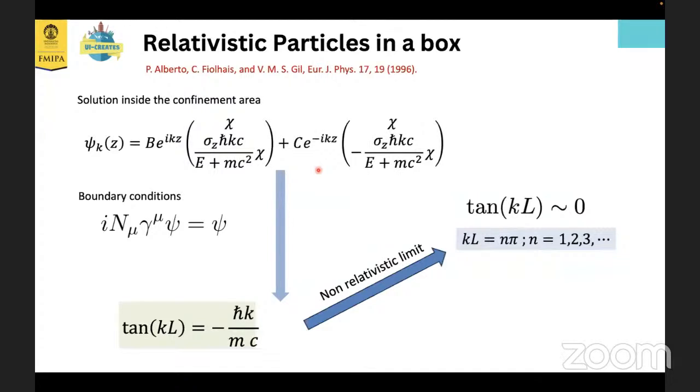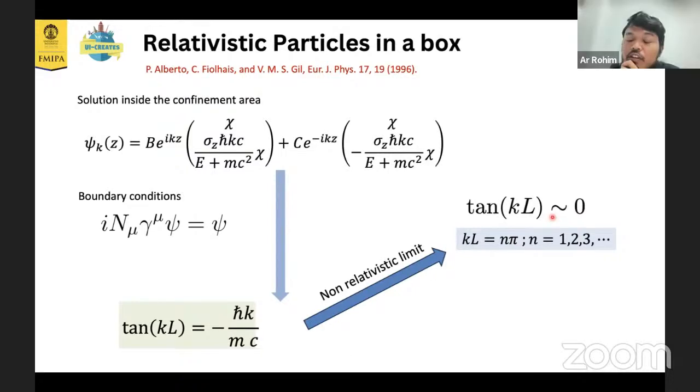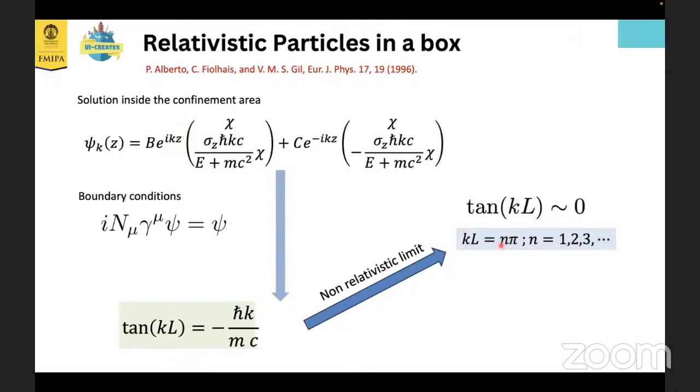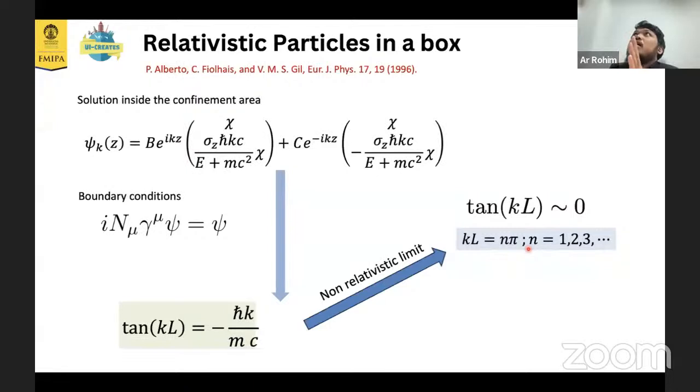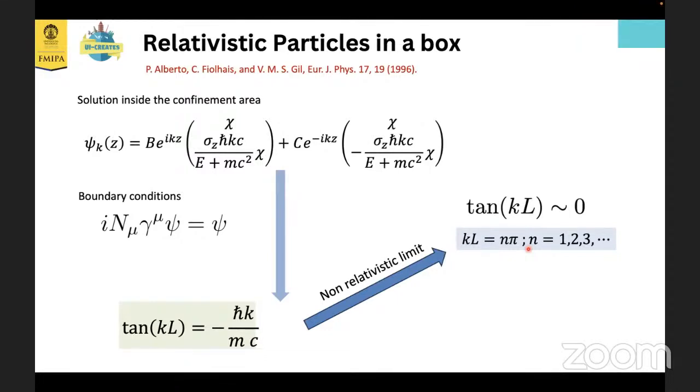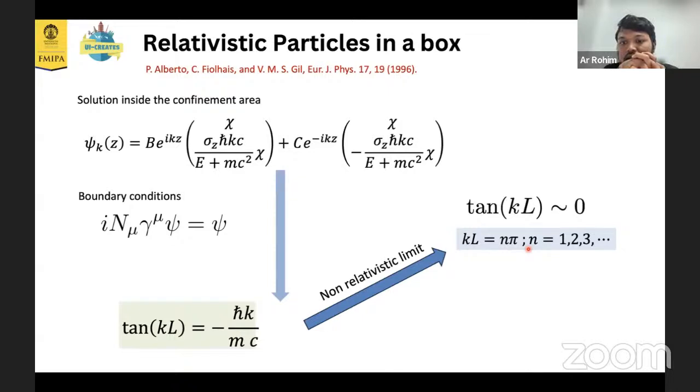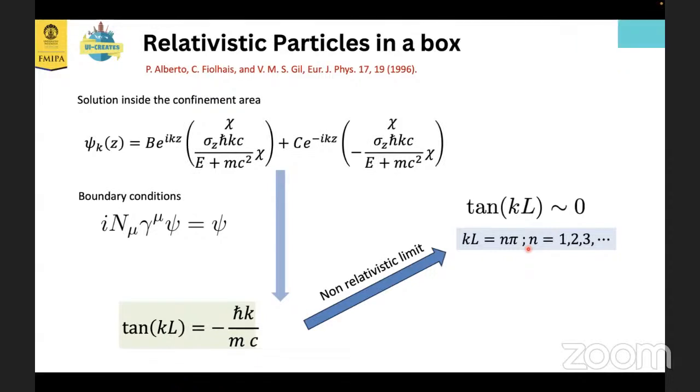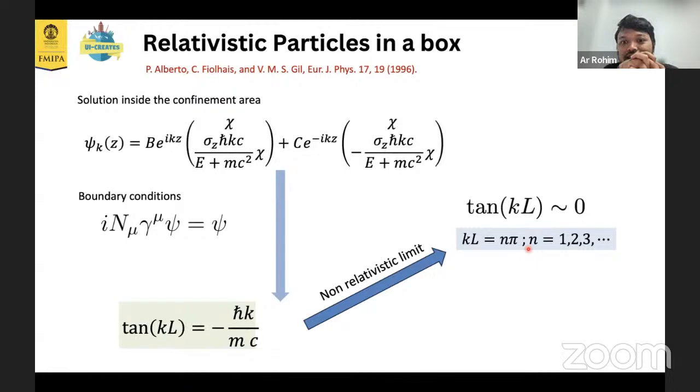Yeah, the n, right? The tangent KL approximately 0, the n. Can n be 0 also? I think the lowest, the ground state, is n equals 1, because if n equals 0, the energy must be 0.